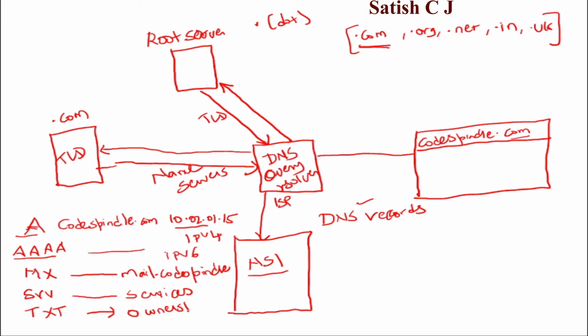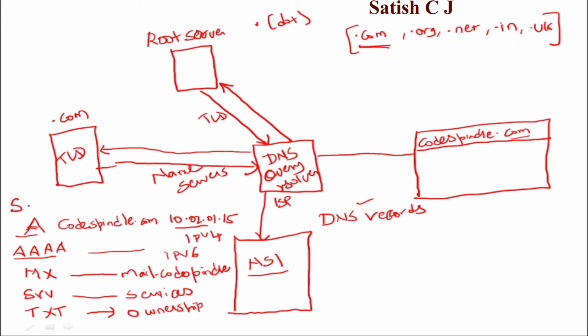When Google verifies your website, it gives you a certification. That ownership certification information is provided in the text records, and this kind of ownership certification is required if you are using products like Google Analytics and Google Search Console, to identify that you are the owner of the website. So these are some types of DNS records.